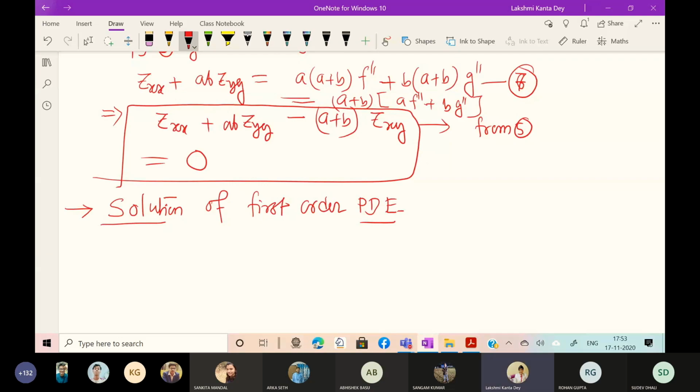Okay, let me tell. Please tell. Finding the original function f from the given partial equation. No. Integrating partially.